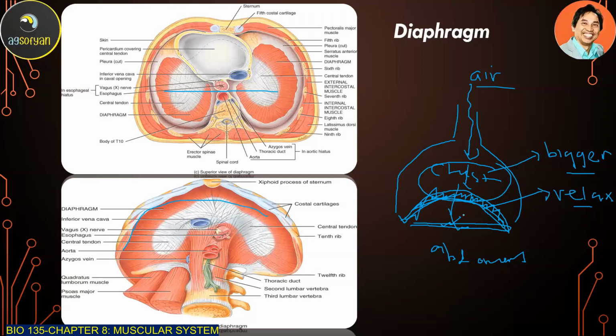So again, when it is relaxed, it looks like an umbrella, like a mushroom. When it is contracted, it becomes flat, pushes down, and it will increase the volume of the chest. When the volume of the chest is increasing, then the air can move to this chest or to the lungs.